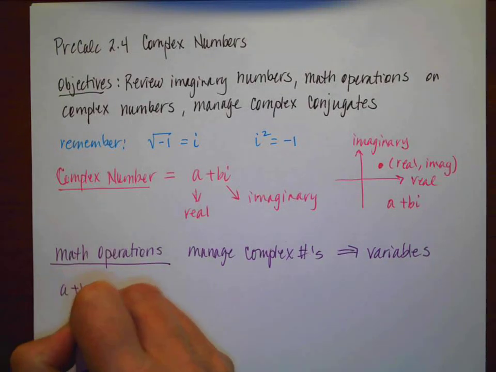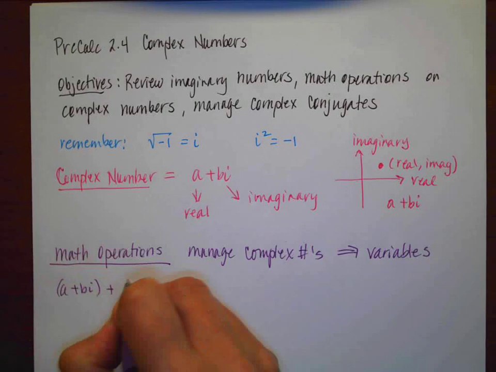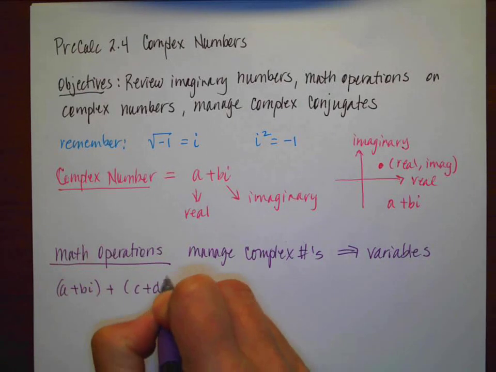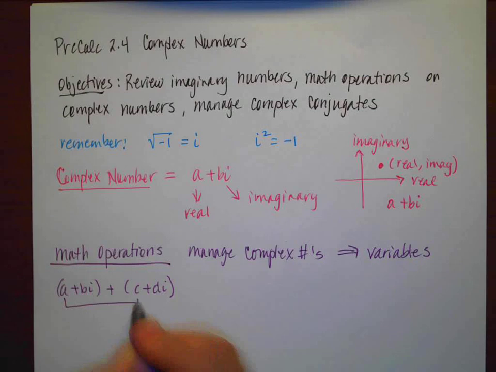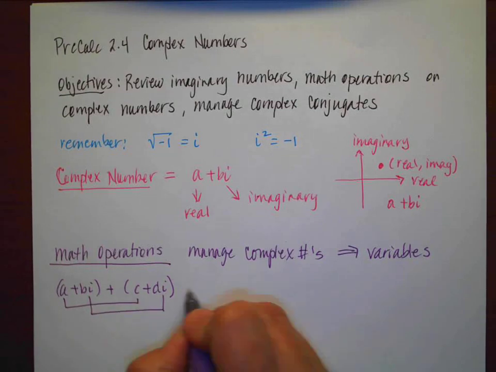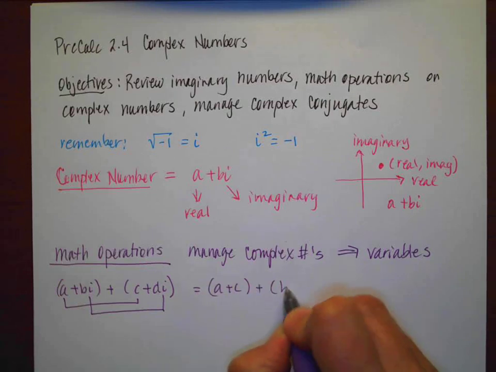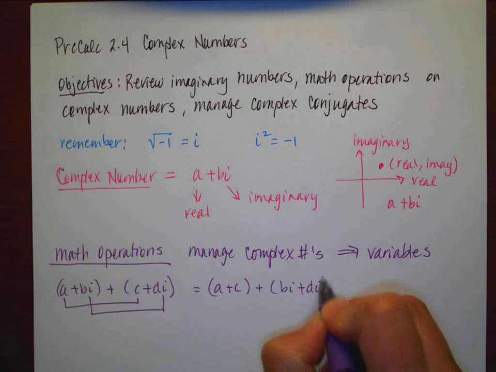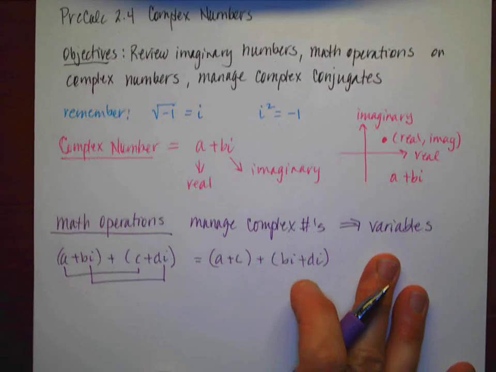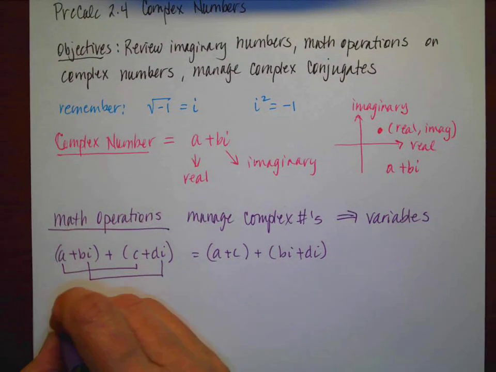So if I have a + bi, and then I'm going to add c + di, the real pieces play together and the imaginary pieces play together. So this would be a + c, and then the next part would be bi + di. So just like with variables, like things play together.